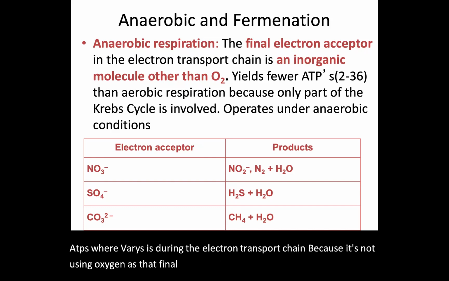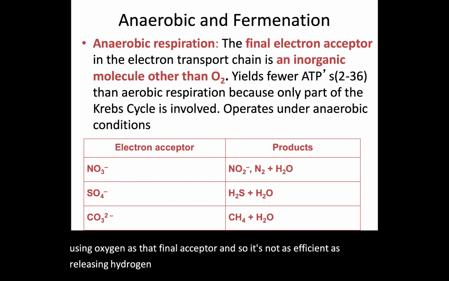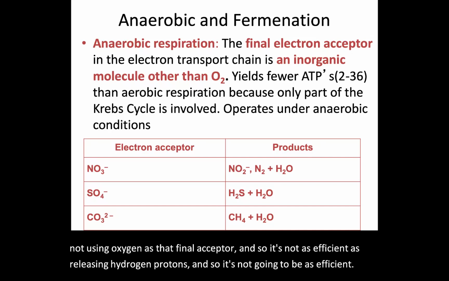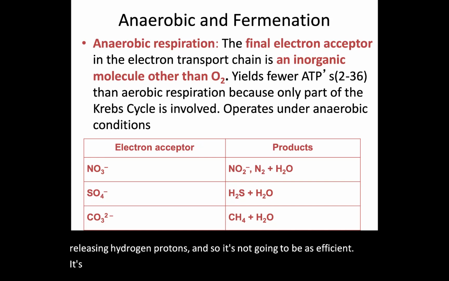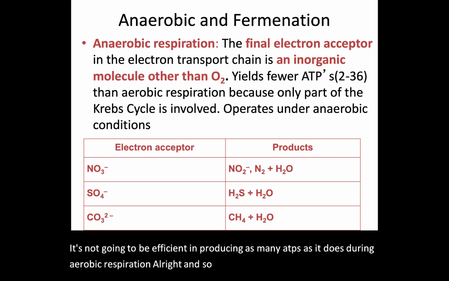And so it's not as efficient at releasing hydrogen protons. And so it's not going to be as efficient. It's not going to be efficient in producing as many ATPs as it does during aerobic respiration. All right. And so it uses nitrate ions.